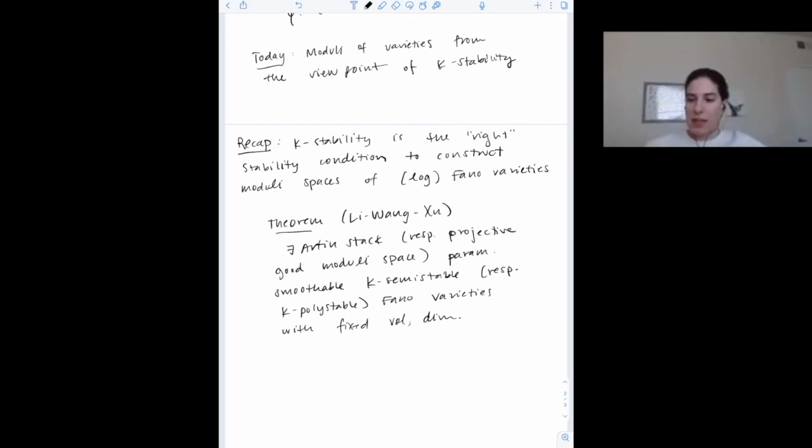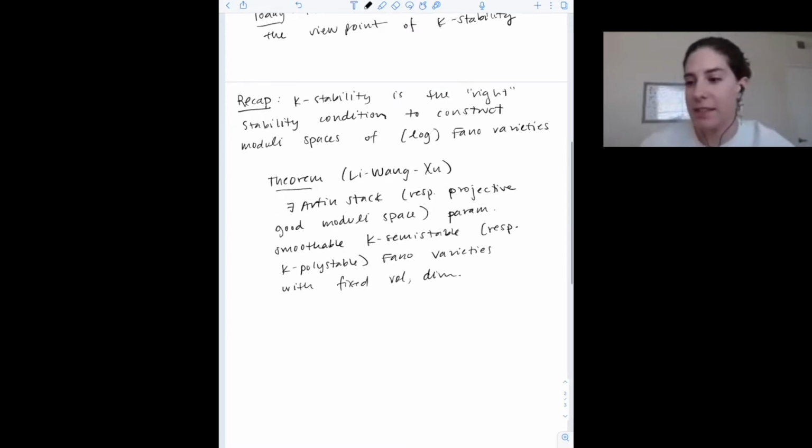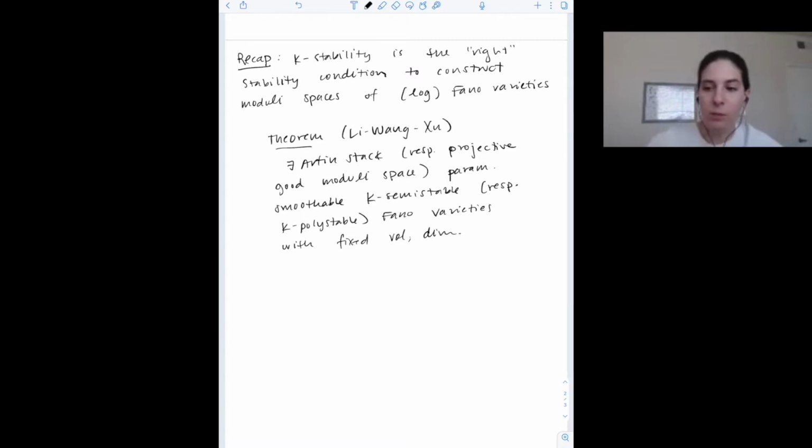This is an older result, and the new result essentially gets rid of the word smoothable there and is due to many people, but this is where we'll start here.